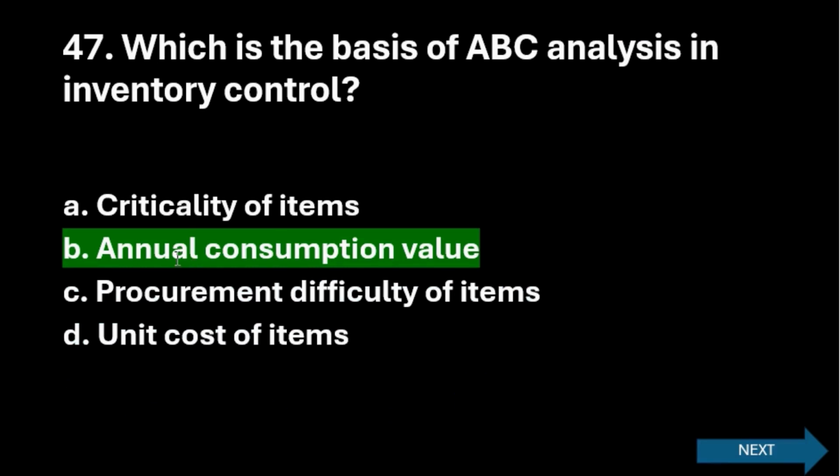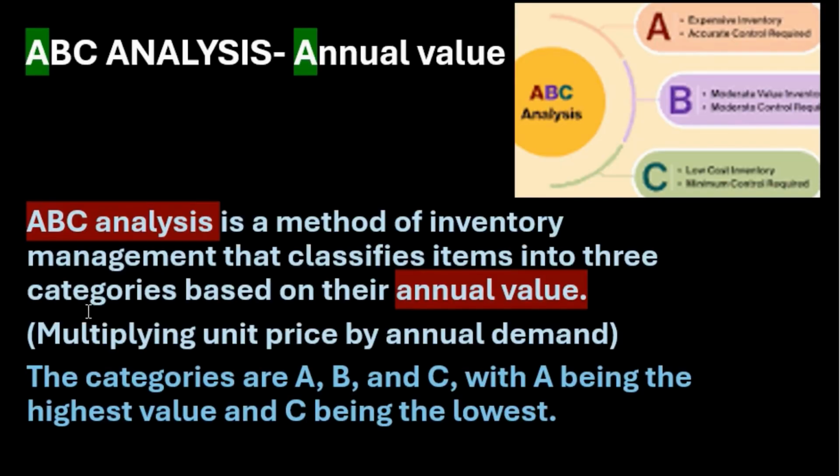So 2 kinds of prices you can see, but here the option is annual consumption value, because the annual consumption value is multiplying unit price by annual demand. That is annual consumption value. This is considered in ABC analysis.